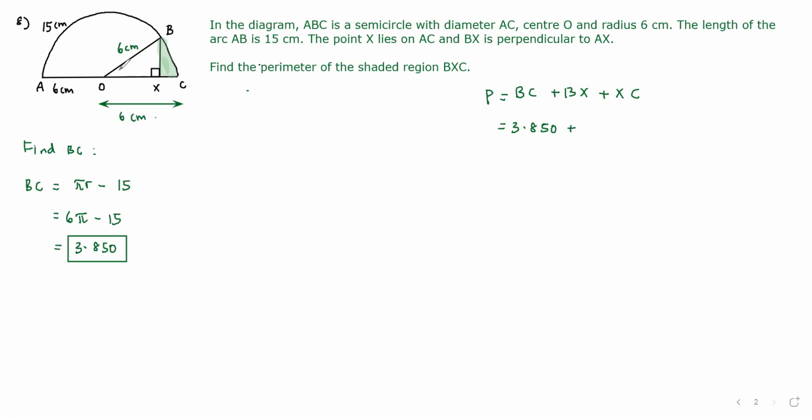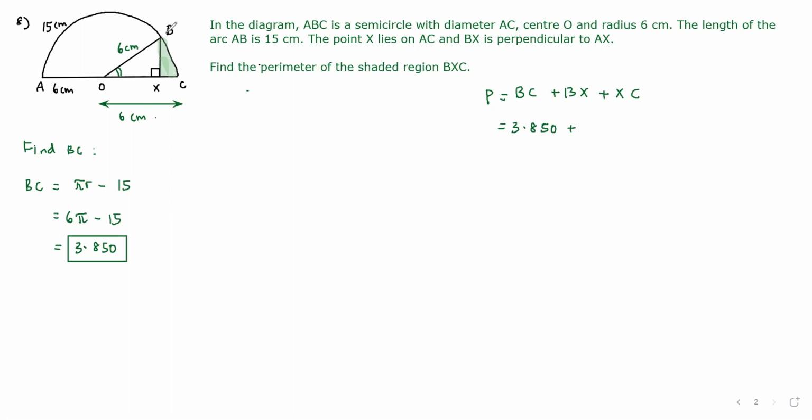So let's look at this. For BX and XC, as long as you can find the length of OX, then XC will be 6 minus OX, and BX is just one of the sides of the right triangle. You already know the hypotenuse.